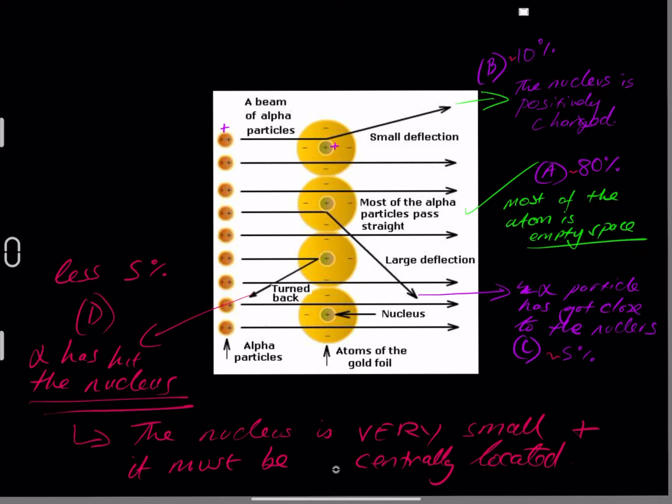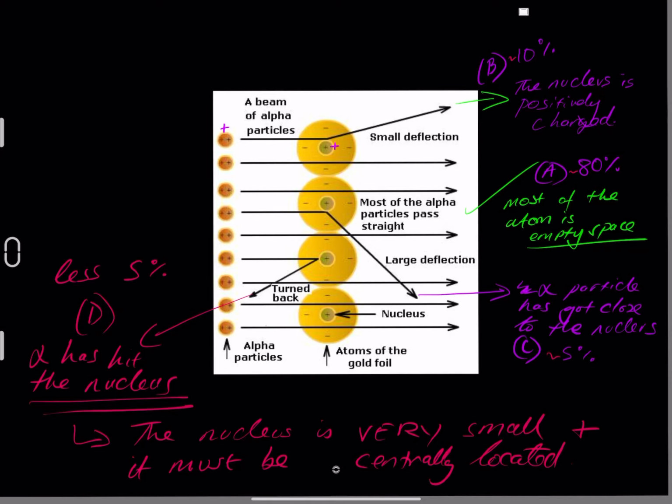So the nucleus, if it's repelling the alpha particles, must be positively charged. However, we can make another conclusion: as a very small percentage of the alpha particles are hitting something and bouncing back, we can infer that the nucleus must be extremely small and centrally located.